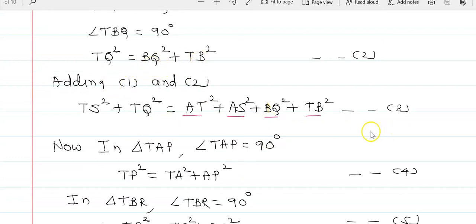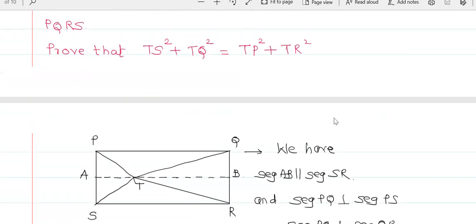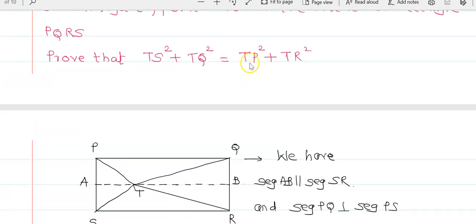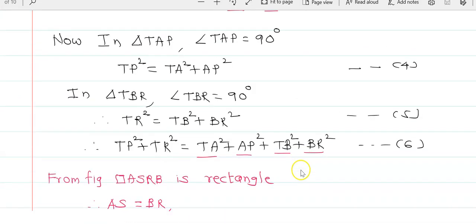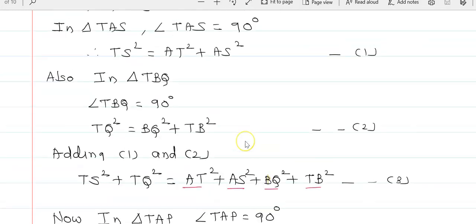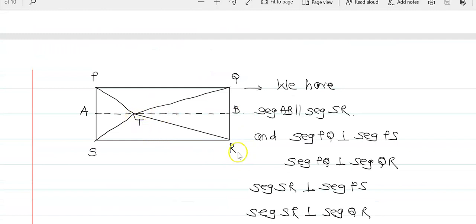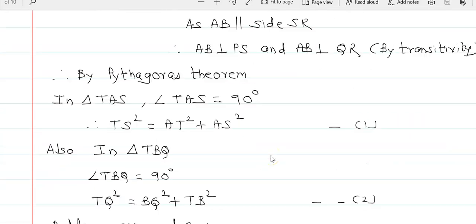Add these two. We have TS square plus TQ square is equal to AT square plus AS square plus BQ square plus TB square. Now again we will consider the right hand side, that is TP square and TR square. To find TP square, we will consider triangle PAT, and for TR square, triangle TRB. TP square is TA square plus AP square, and TR square is equal to TB square plus BR square.